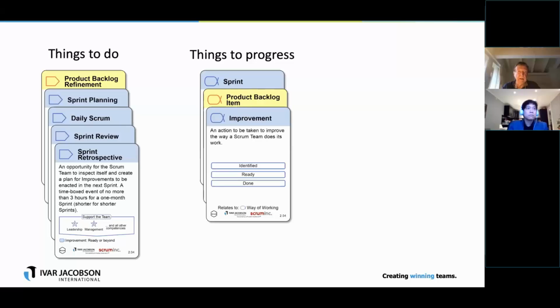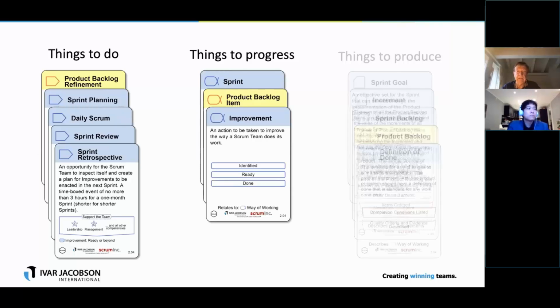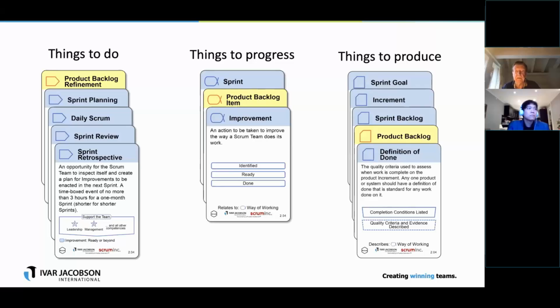The product backlog item is an alpha, improvement is an alpha, and it has 3 states. And then there are things to produce. These are just work products or documents. For instance, a definition of done. What does definition of done mean? And there is a card for that.